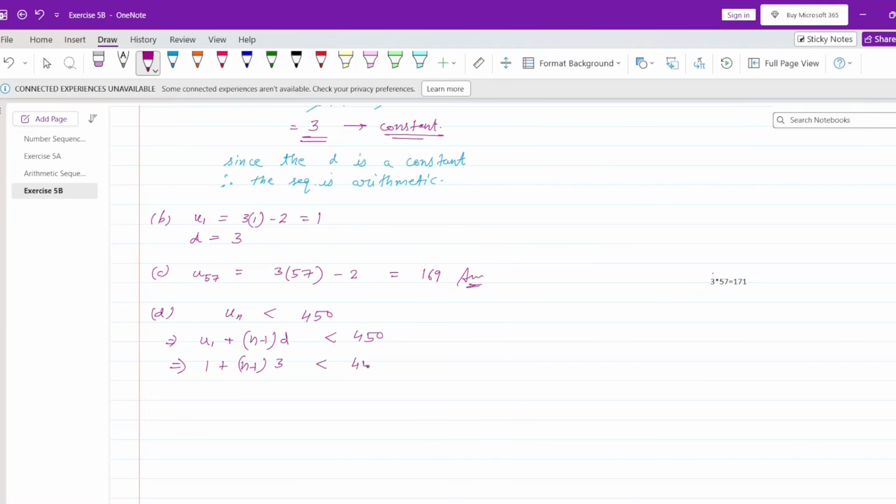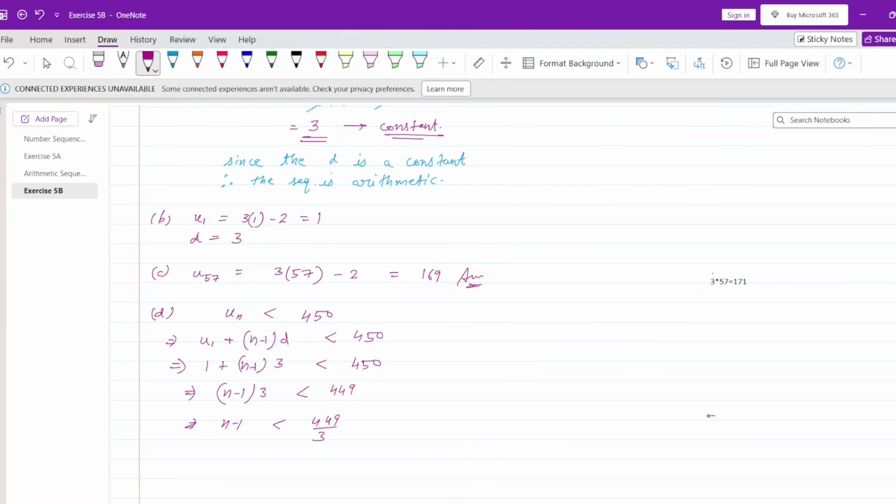This should be less than 450. So if we subtract 3 from both sides, we get n minus 1 times 3 here and 449 on the right hand side. If we divide both sides by 3, we get n minus 1 less than 449 divided by 3.